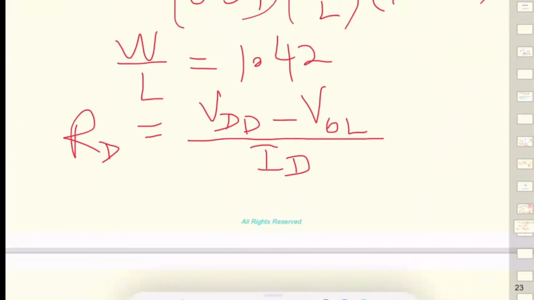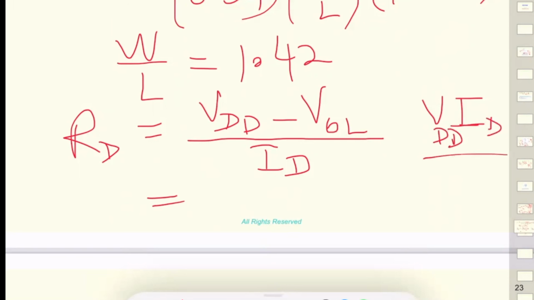Now this is what will give me the power. Oh, sorry, so power is straightforward. Power is VI. So we have VDD and we have ID.